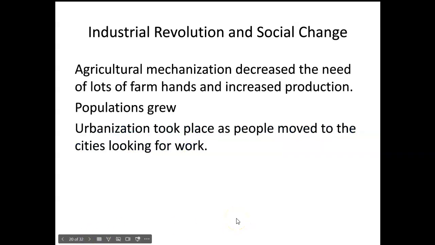Agricultural mechanization, of course, made farming a lot easier, and it decreased the amount of hands that were needed for farm production. In the early 1800s, you basically would have a very large family, especially if you were farming.